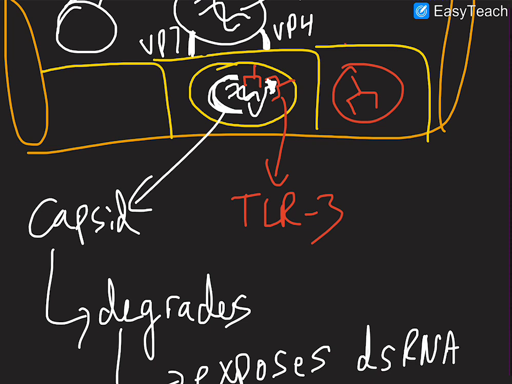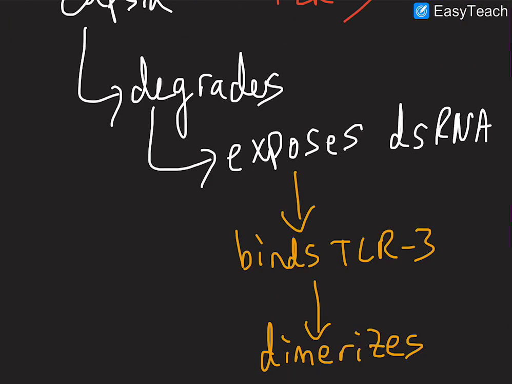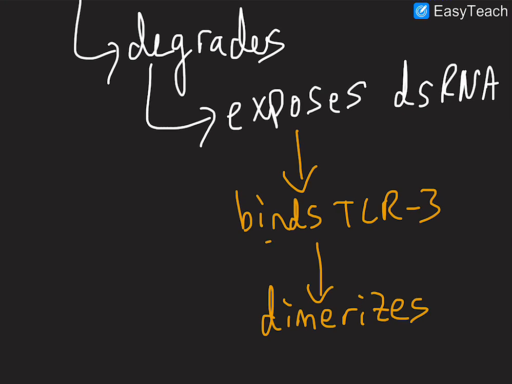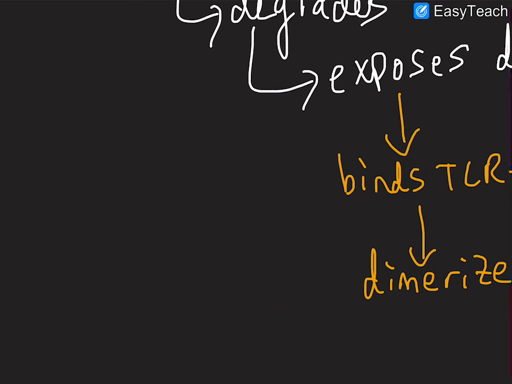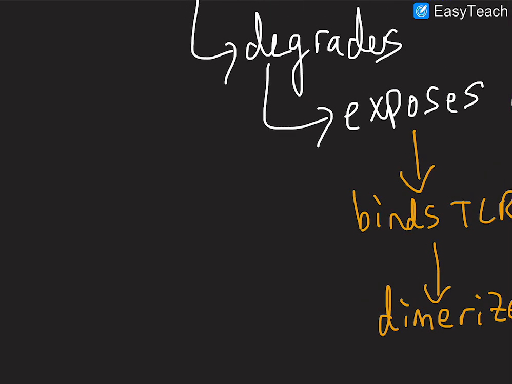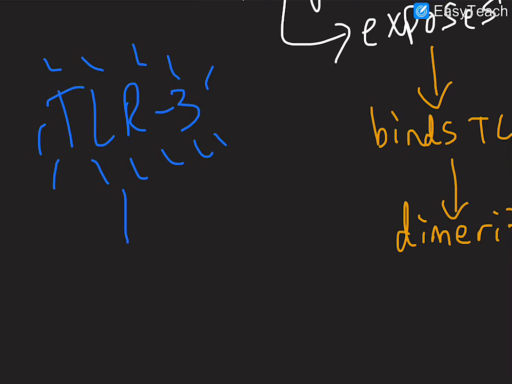Once toll-like receptor 3 is activated, remember when we were talking about toll-like receptors 1 and 2 and 5 and 6? We said how it eventually activates the MyD88 pathway. The difference is toll-like receptor 3 does not activate the MyD88 pathway. Once toll-like receptor 3 is activated, what happens is it actually activates the TRIF pathway.